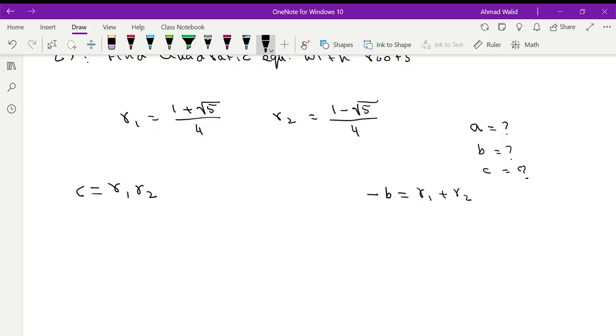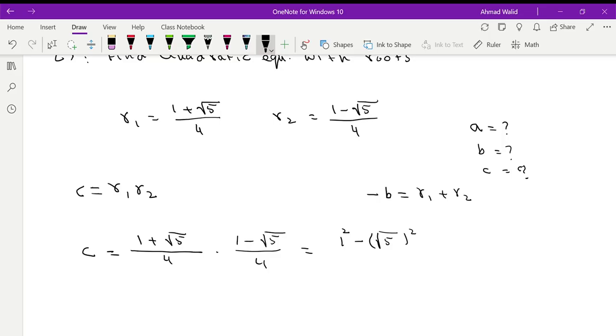Correct? Let's do it. Then I can say c equals R1 times R2. It means 1 plus square root of 5 over 4 times 1 minus square root of 5 over 4, which gives me 1 squared minus square root of 5 all squared. Hopefully you understand what I'm doing with the numerator.